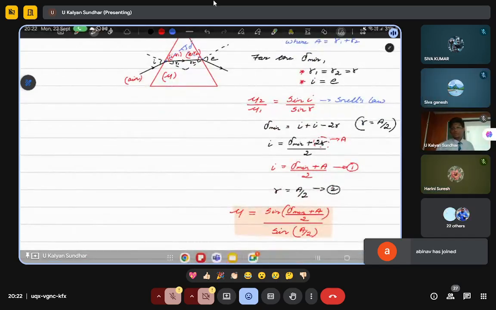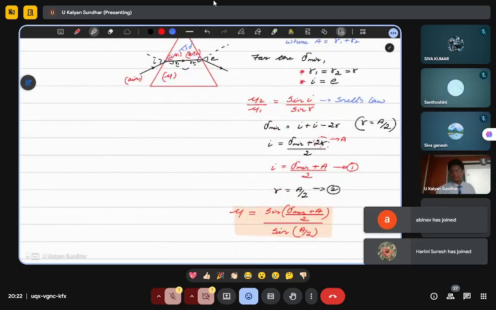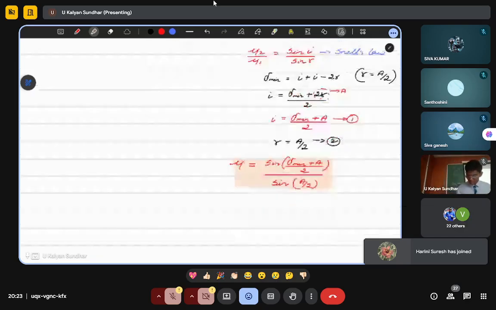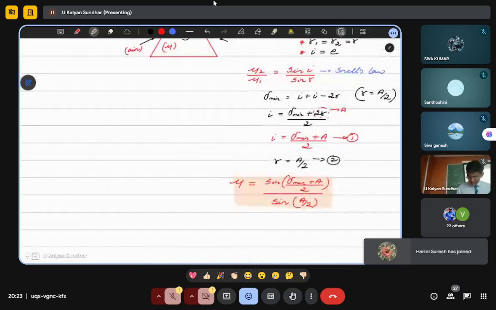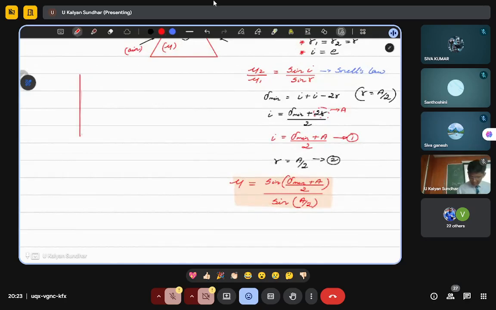Next is the value of your D minimum. So the graph of this is common now. So how will you get the graph for your D minimum? The graph is between the deviation with respect to the angle of incidence.